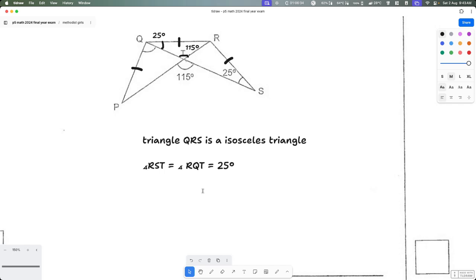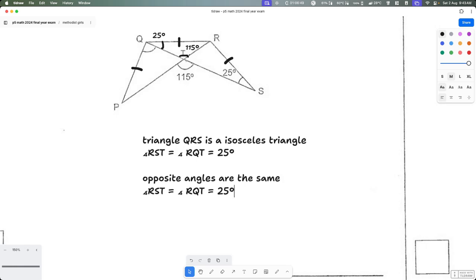At the same time, opposite angles are the same. So that means PTS is equal to QTR, which also means that this is 115 degrees.